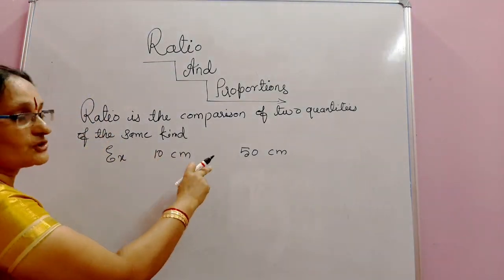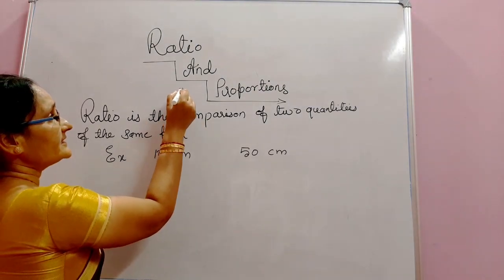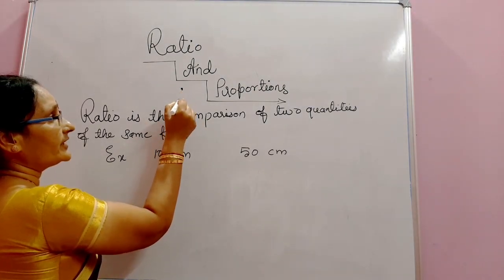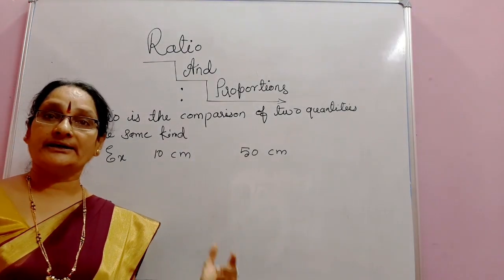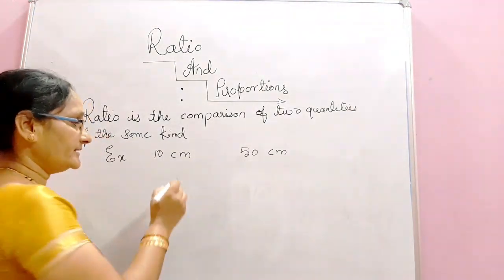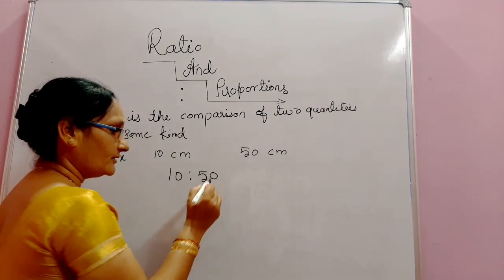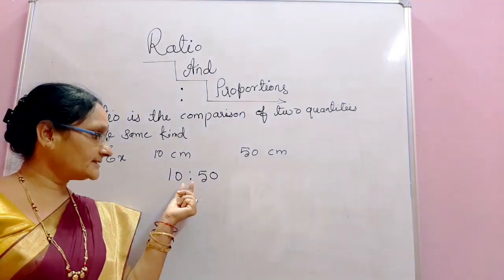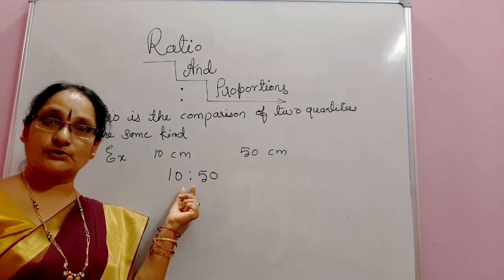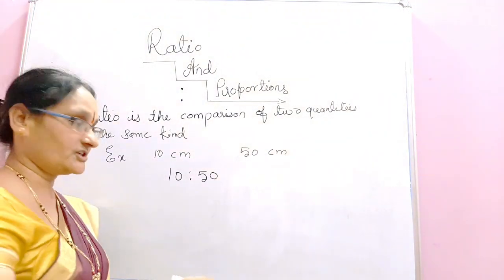See here, ratio is symbolically shown like this, this is the symbol of ratio. Now how can we write these two as a ratio? 10 is to 50. This is the symbol of ratio. Ratios can be written in the form of fractions.